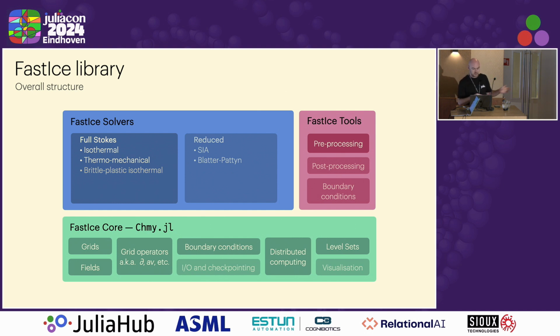So now it's a standalone package that's called Chmy.jl. I will talk a little bit about it. It supports all these things that make it possible to implement this model. So how do we handle grids? How do we handle fields in the mathematical sense, which can be discretized or continuous, differential operators, some interpolation, boundary conditions, distributed components, and some other things.